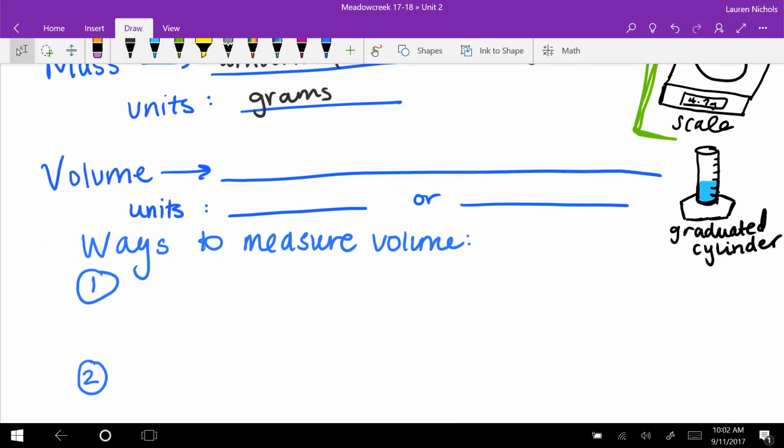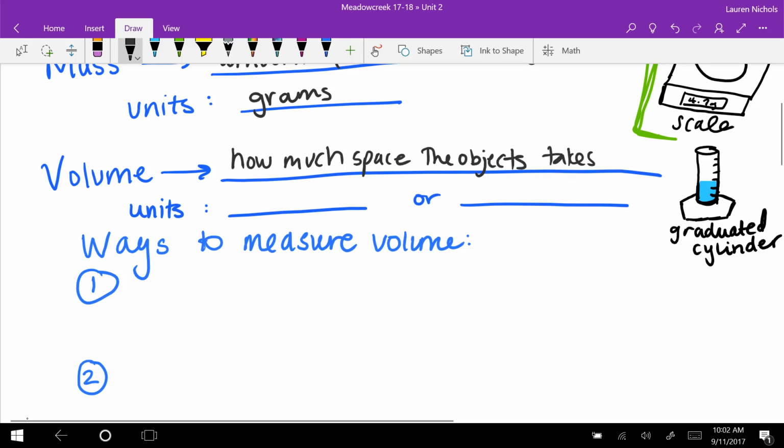Now, volume is how much space the object takes up. So something could have a very large volume or very small volume, and that will change its density, because if I have a large amount of mass, a large amount of matter, and it's only in a tiny amount of space, then that will be tightly packed.